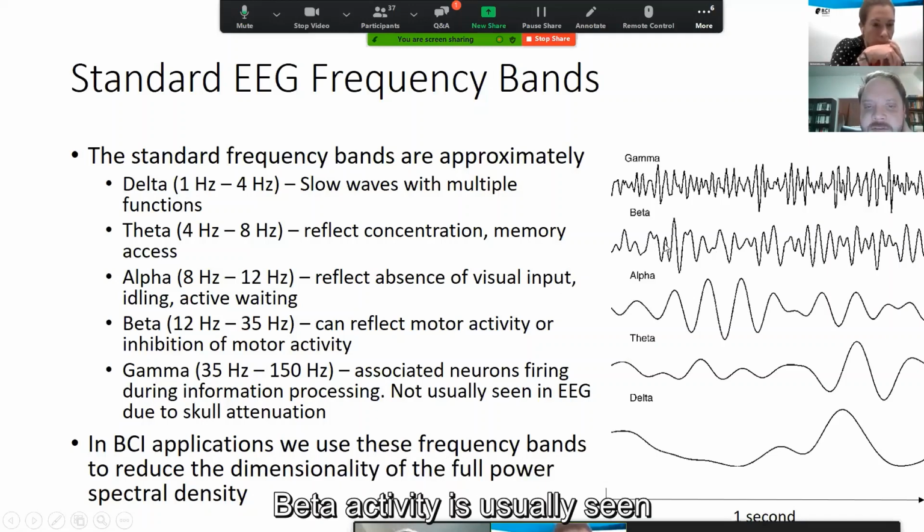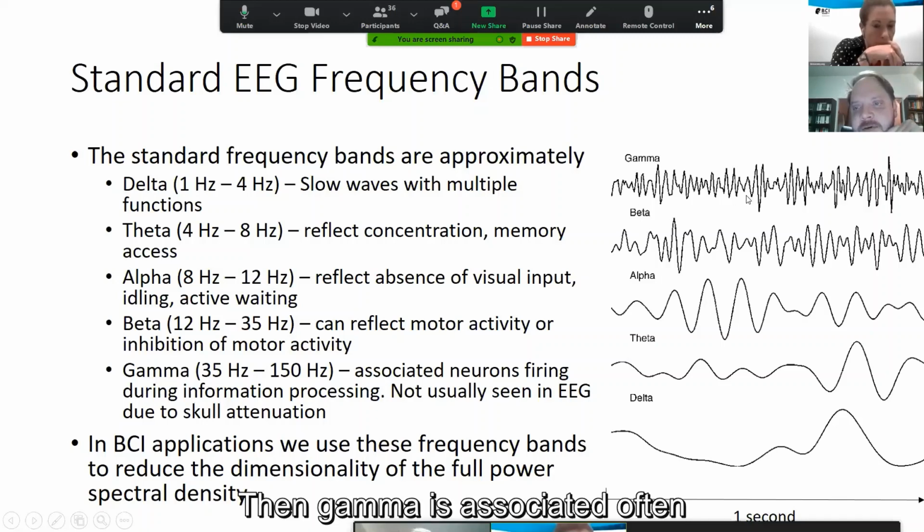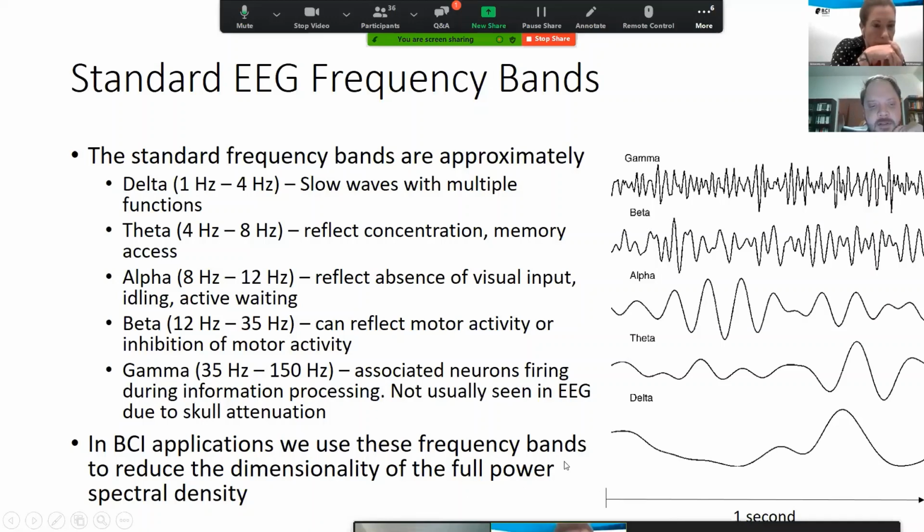Beta activity is usually seen with actual neural activity, or beta oscillations can also reflect motor inhibition activity. Then gamma is often associated with local neural firing as well.